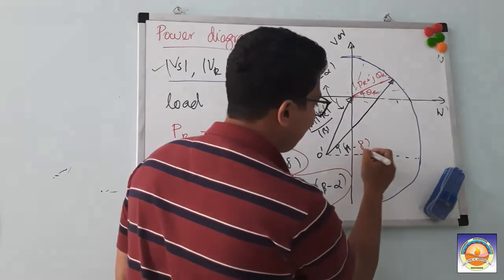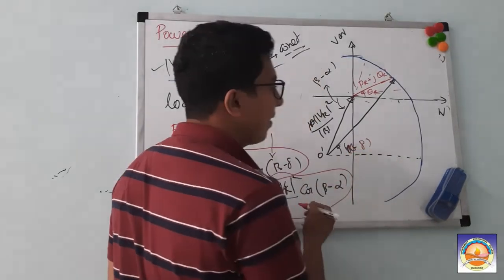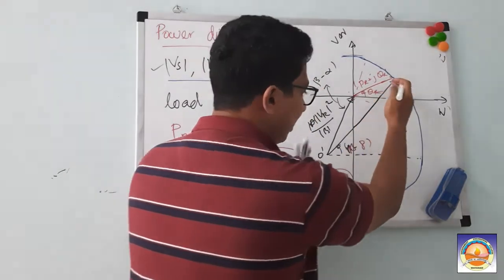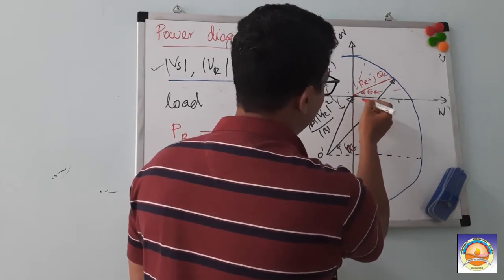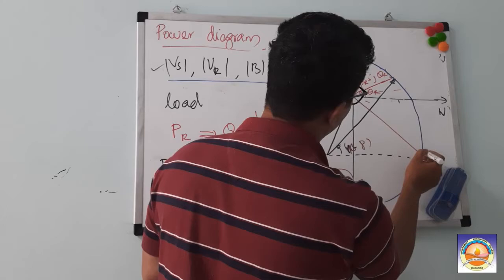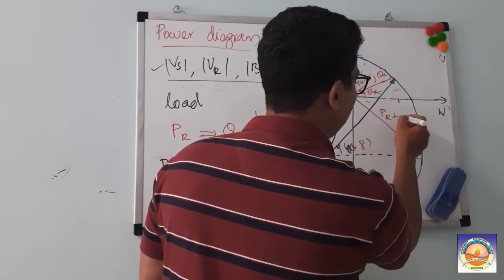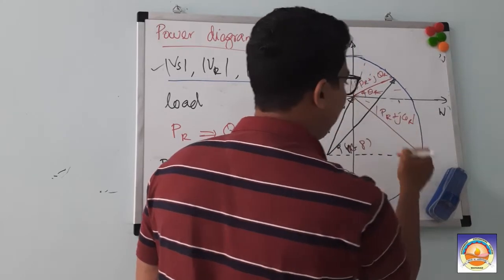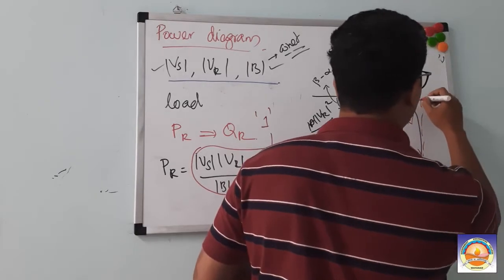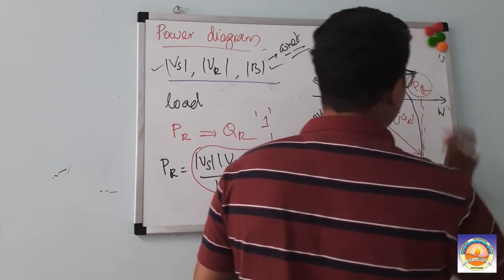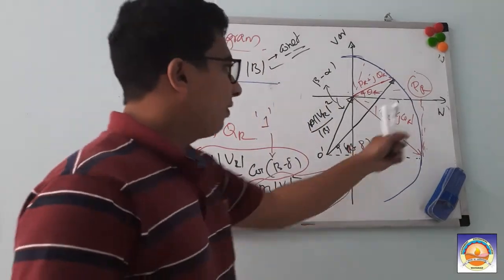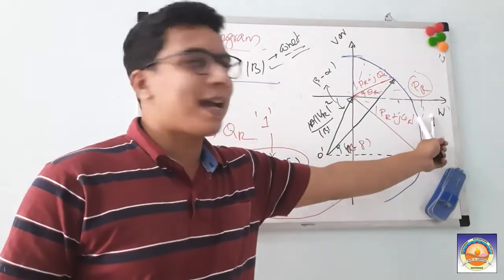Whenever this phasor comes this way, your PR plus jQR value will be this, and if you take its P value, this will be your PR. So this will be the maximum value.